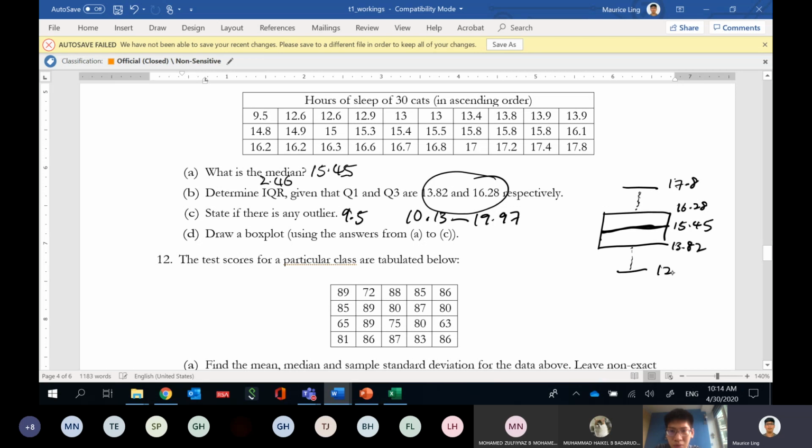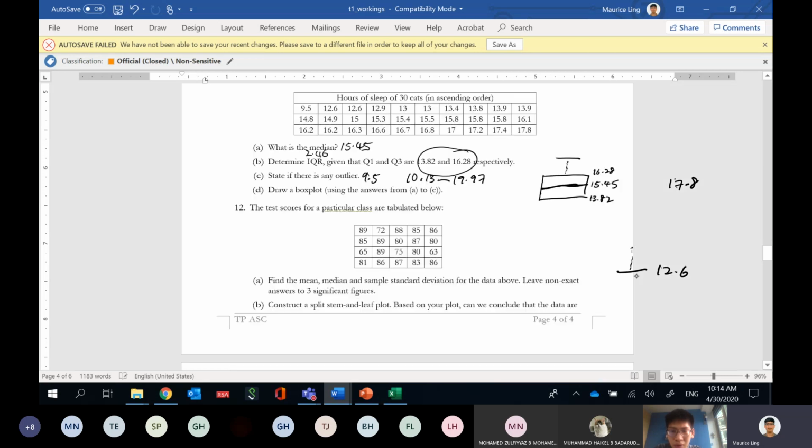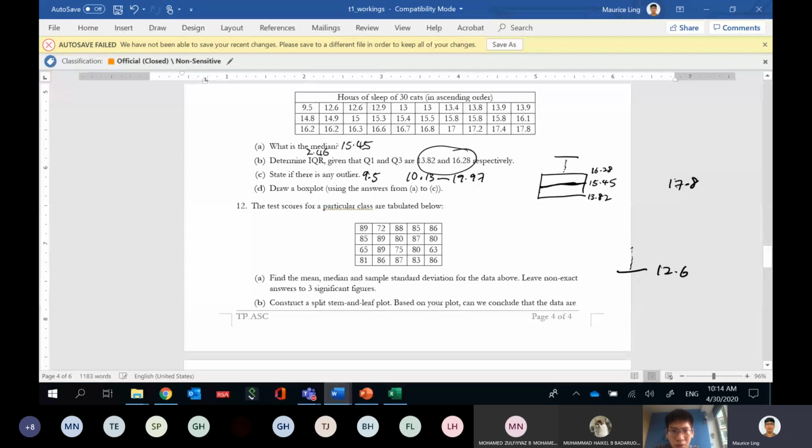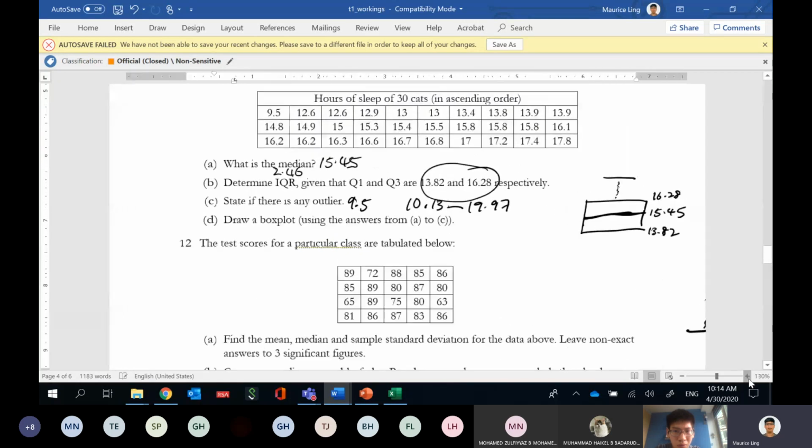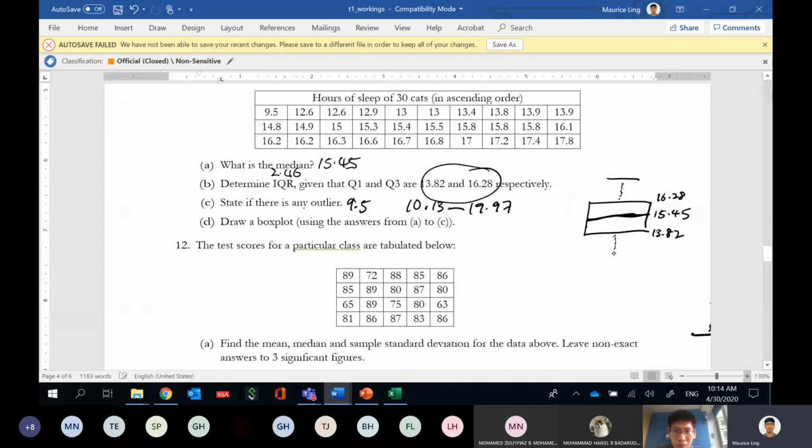And this is 12.6, because it's supposed to be 10 point something, but you take the one before that. Let me just draw again. So this is 17.8, this is 12.6, and then you just mark across that it's 9.5. Okay, so this is your box plot.